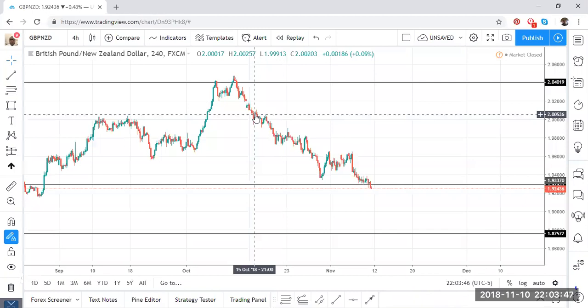I don't know how the app works on the phone, but I wouldn't recommend the app. I would just go to the website, TradingView.com. Yeah, I just save it as an icon on my phone, an Android shortcut.